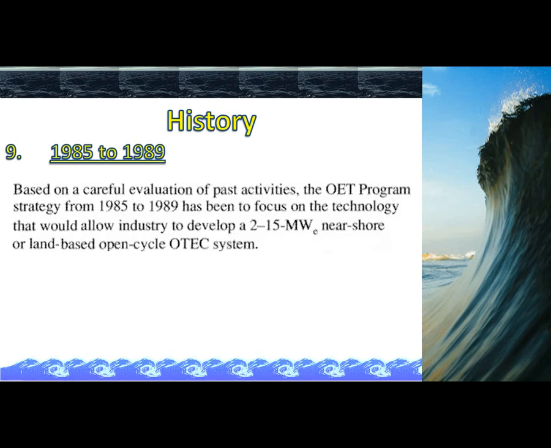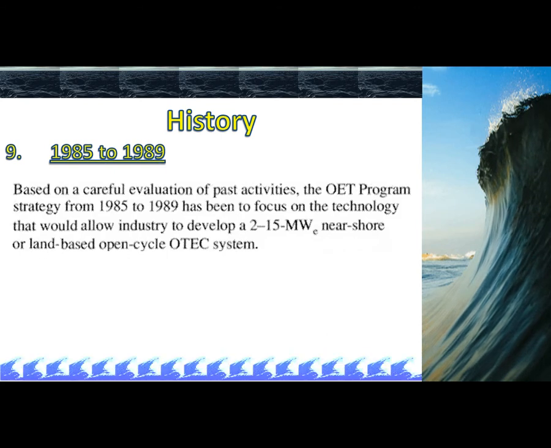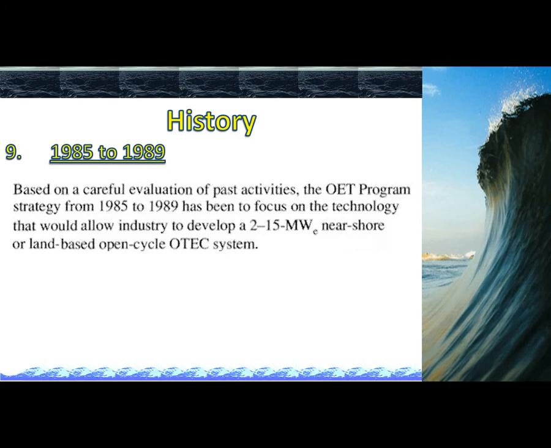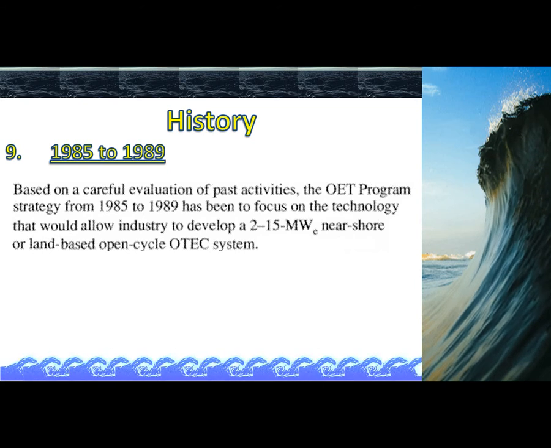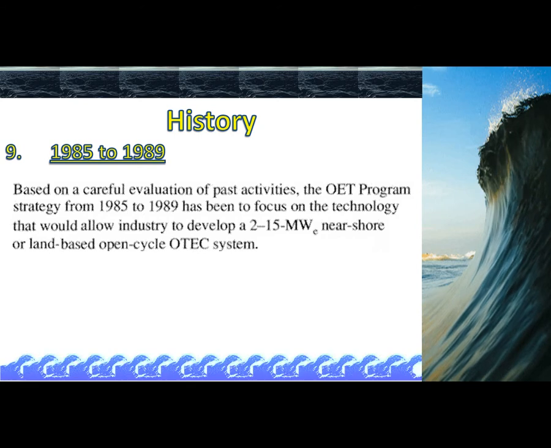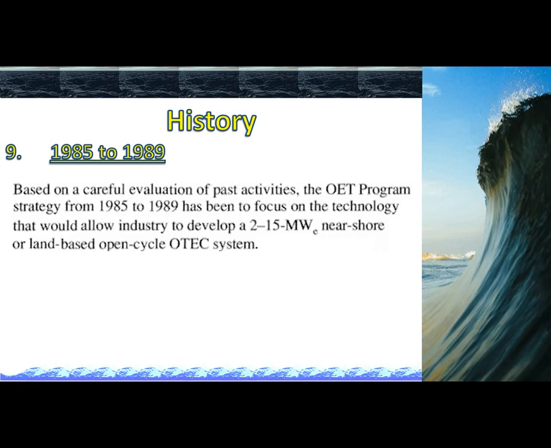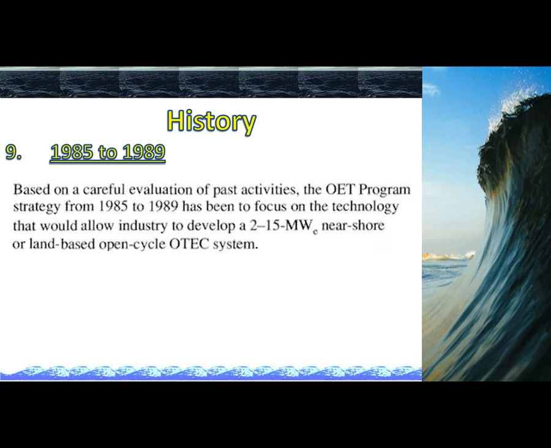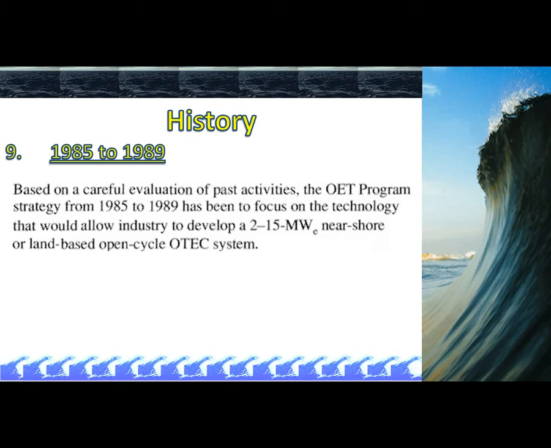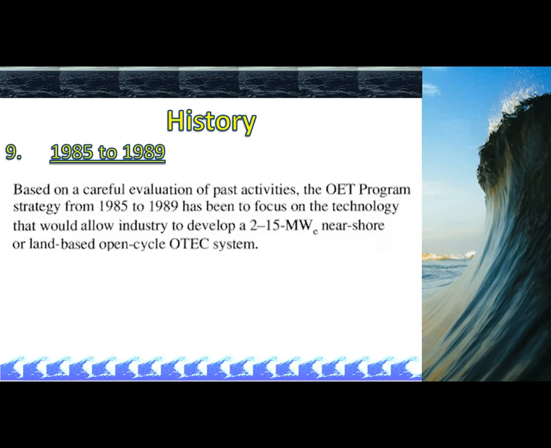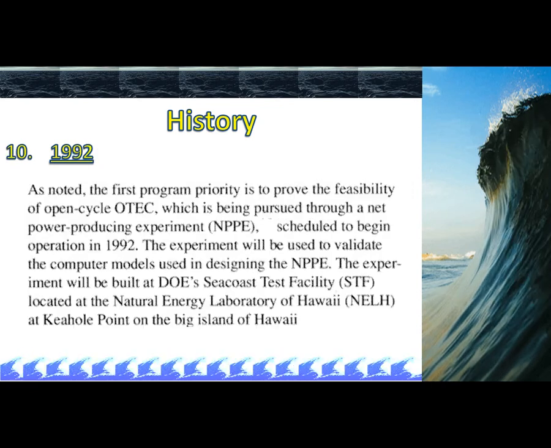From 1985 to 1989, based on a careful evaluation of past activities, the Ocean Energy Technology Program strategy was focused on the technology that would allow industry to develop a 2 to 15 megawatt nearshore or land-based open-cycle ocean thermal energy conversion system.